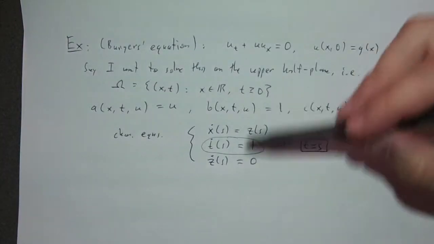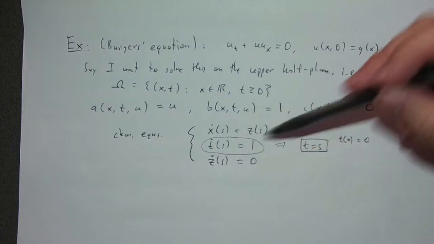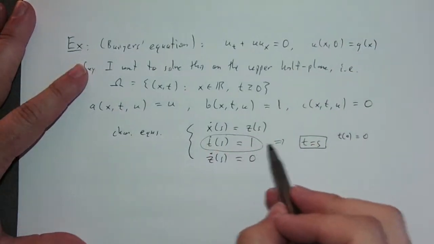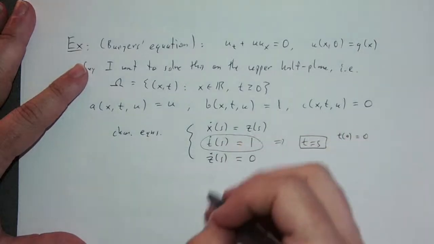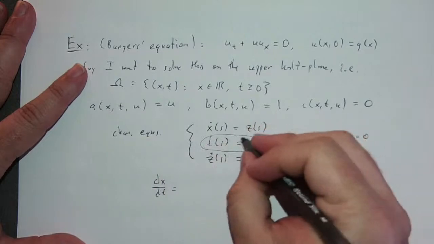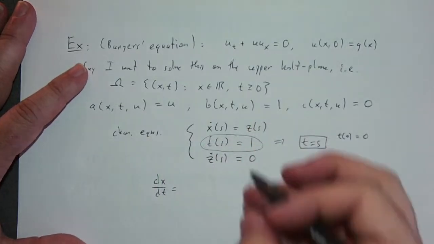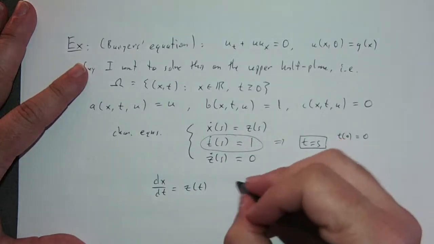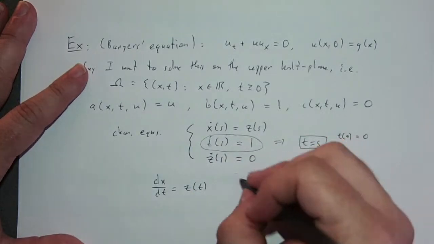So we can change the parameter s into the parameter t. Taking that out, I have two remaining equations: dx/dt is equal to z of t, and dz/dt is equal to 0.